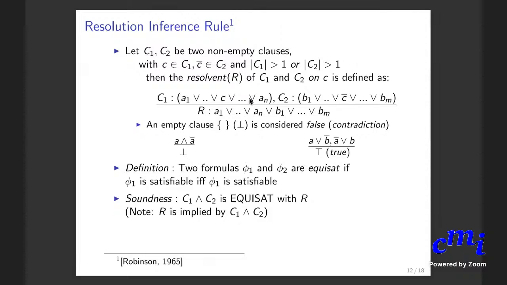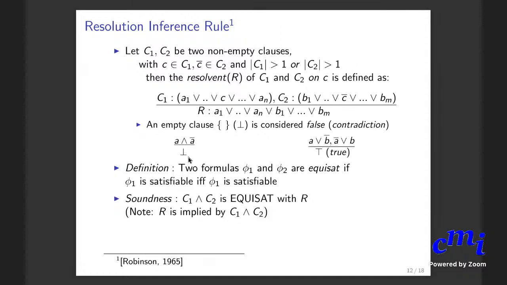So if C1 and C2 itself is unsatisfiable, that can happen only when both clauses are unit. Because if you have at least two literals, then you can always make a pair of clauses satisfied.